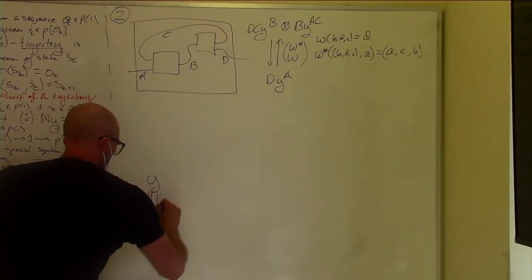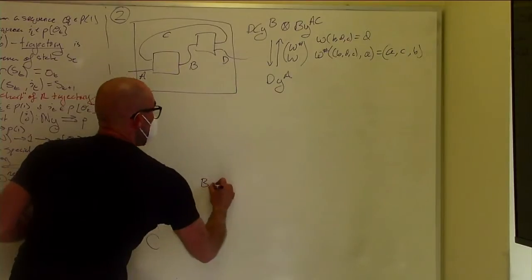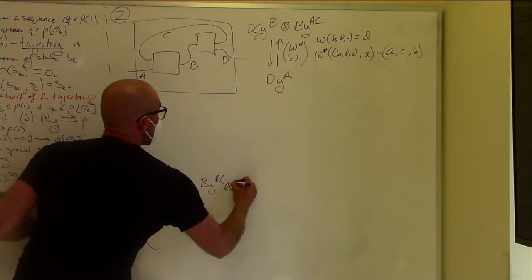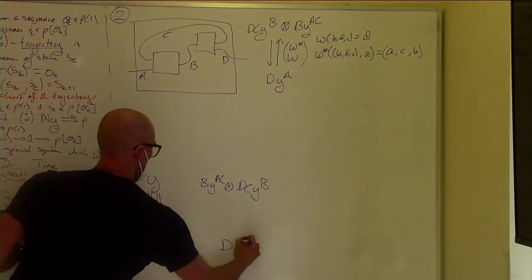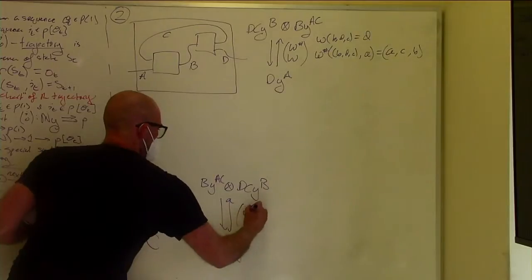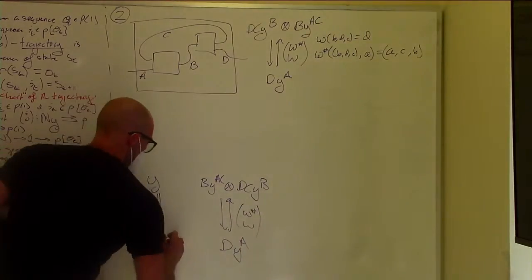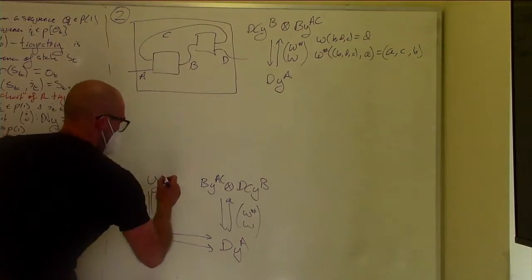Y plus y. Then I'm going to do B, Y, A, C, tensor, D, C, Y, B, then D, Y, A. Okay. So I want to see what a square of this form is.